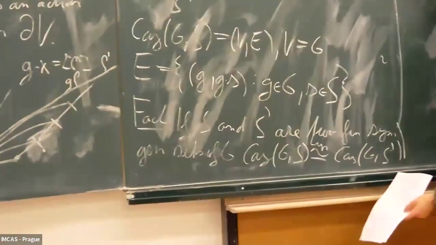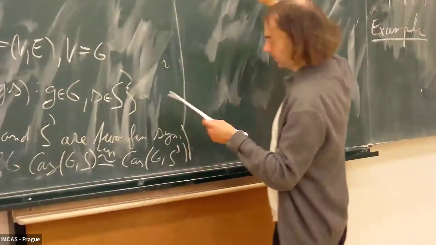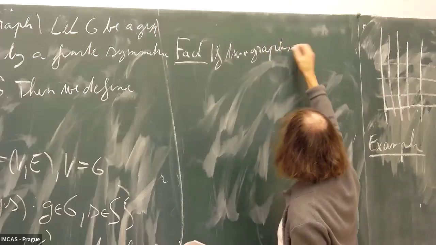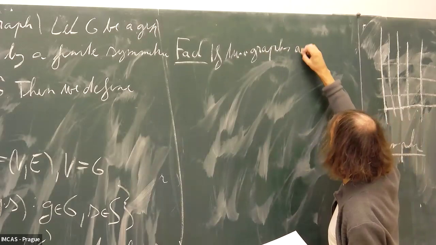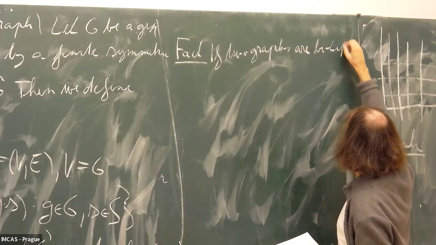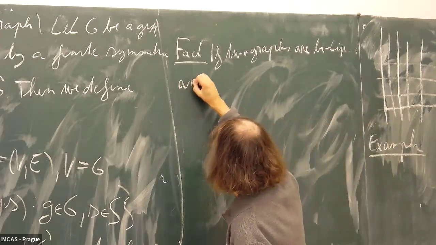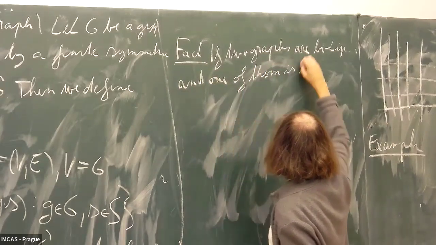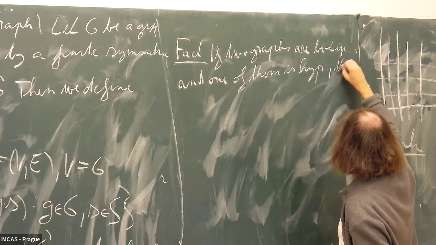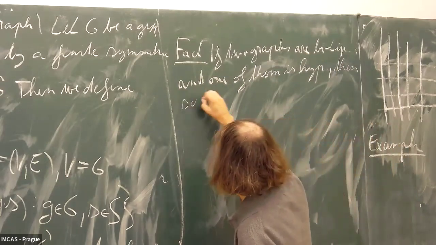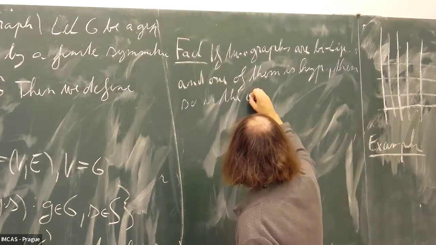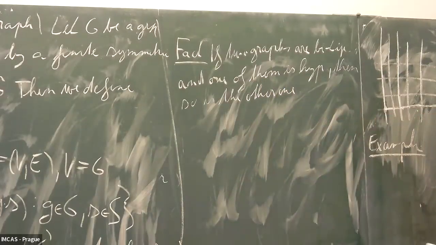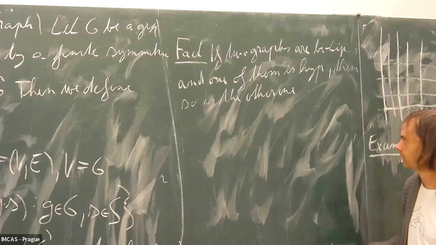Why is it good for us? The two graphs are quasi-isometric, and one of them is hyperbolic, and so the other one is too, by some quasi-geodesic arguments.